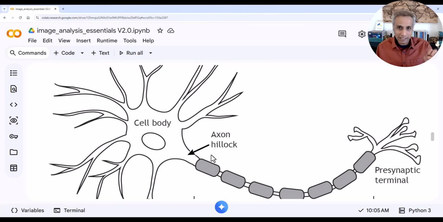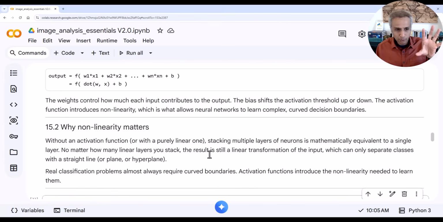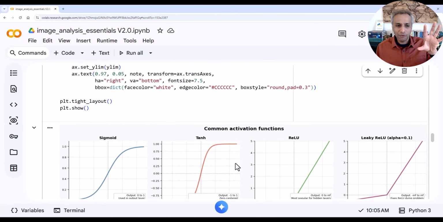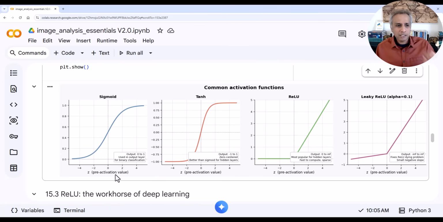That output value, now hold it right there. That output value, if that is -2, then when you pass it through the sigmoid function, that -2 becomes about 0.1, right there. So on the x-axis here, you have the raw value before applying any activation. On the y-axis is the actual value after applying the activation.